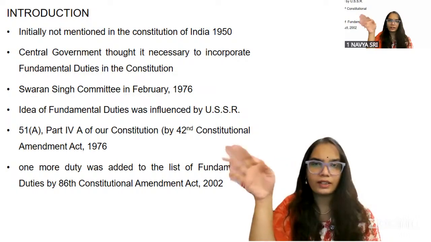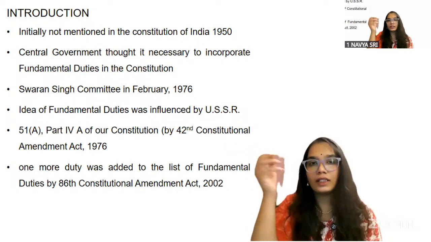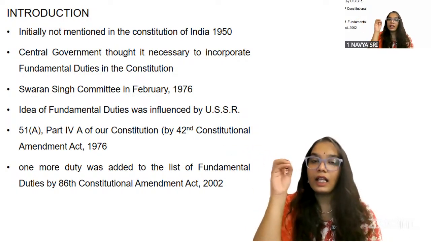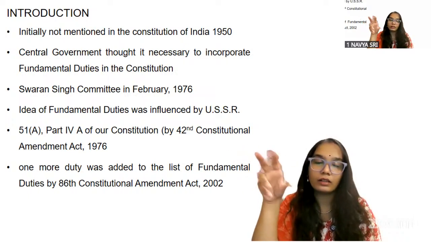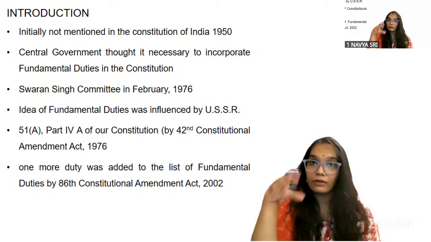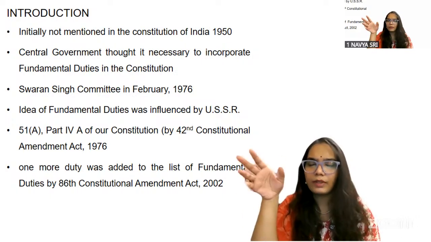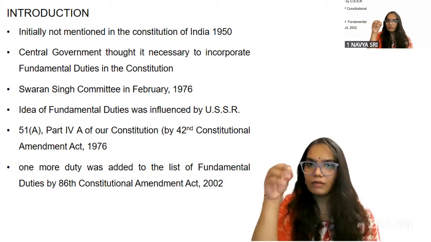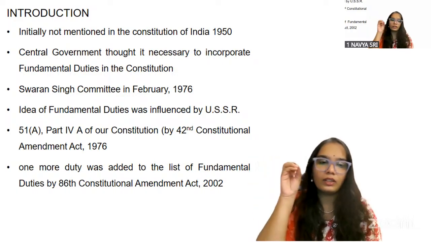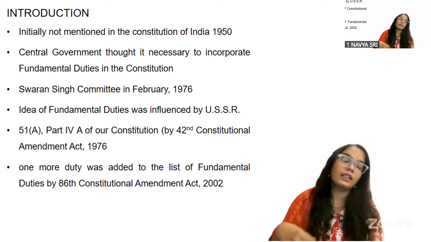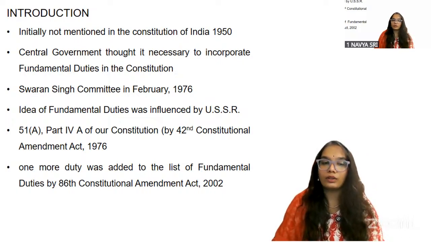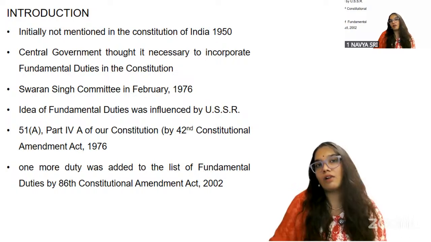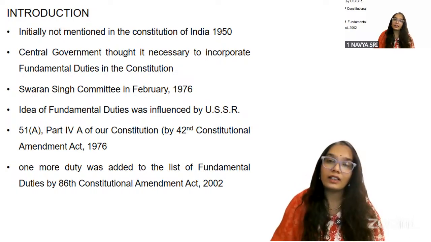It was done by the 42nd Constitution Amendment. So initially there were 10 fundamental duties, and the 11th one was added through the 86th Constitutional Amendment Act 2002. So right now we have 11 fundamental duties. Initially it was 10, then the 11th one was added.